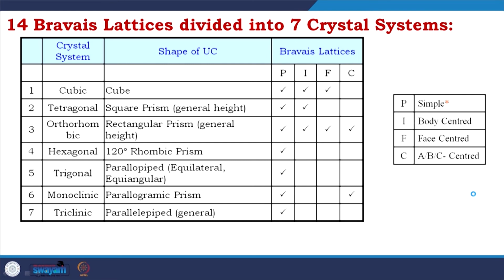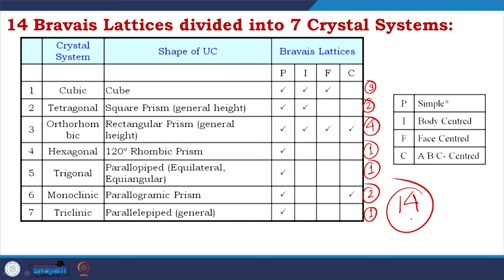From these 7 crystal systems, what are the 14 Bravais lattices? For cubic there are 3, for tetragonal 2, orthorhombic 4, hexagonal 1, trigonal 1, monoclinic 2, triclinic 1: 14. So, 14 Bravais lattices divided into 7 crystal systems.